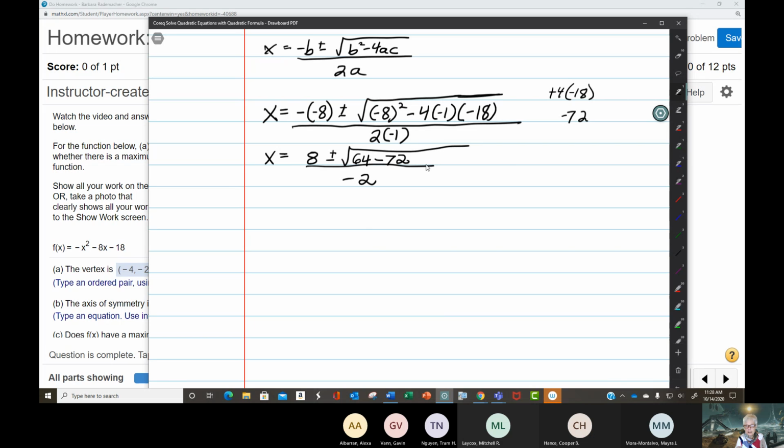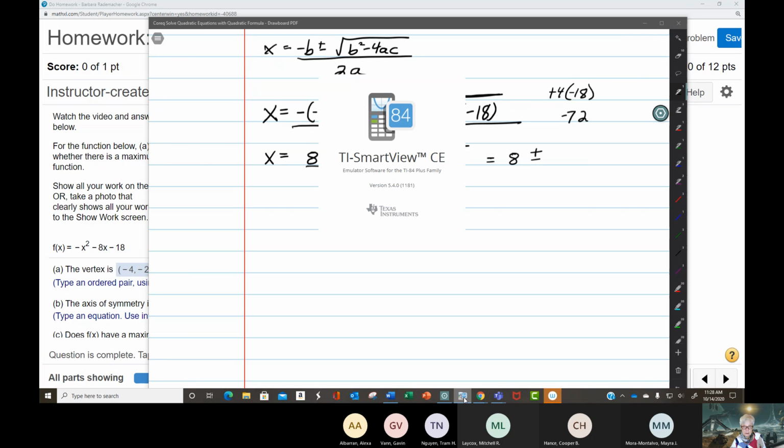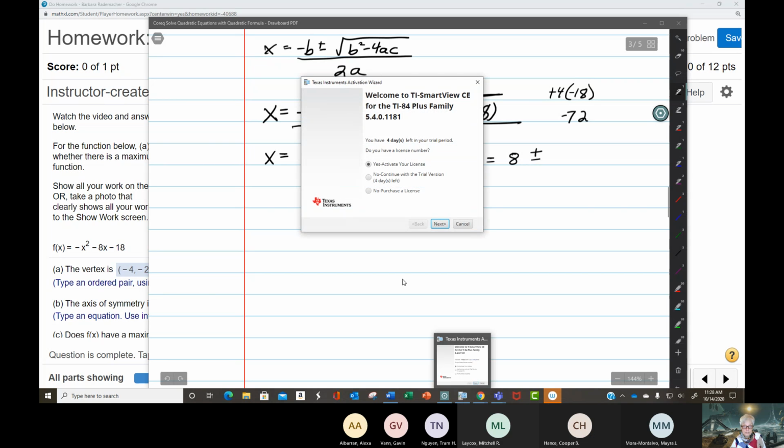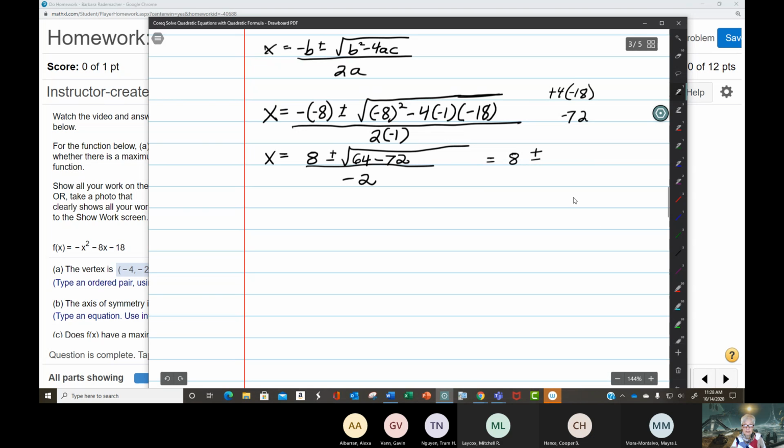Look at that. I made that way too long. I didn't have to. I could have come over here. I can do it anyway. 8 plus or minus. Now, 64 minus 72. You know, I could have done it in the time it took to do this.